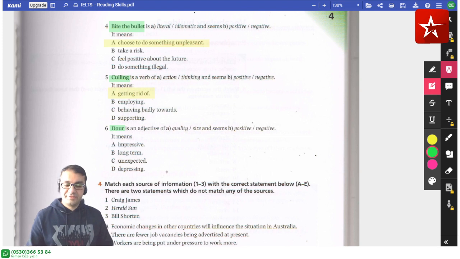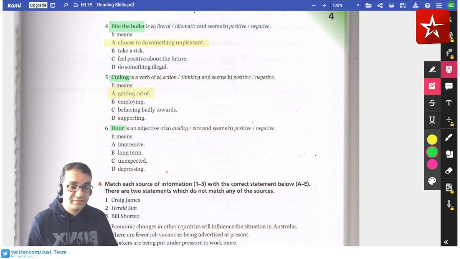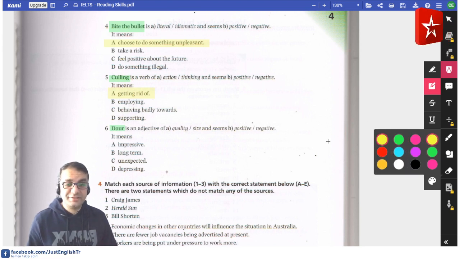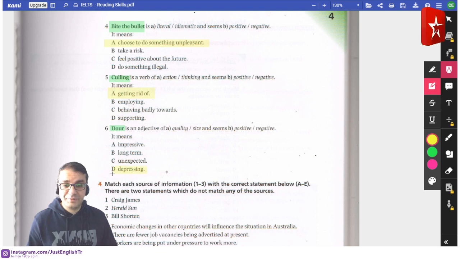Janard said it's D, and Medina said it's D according to the words. And the answer is correct, folks. The answer is D, depressing.